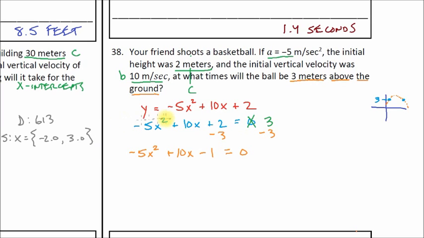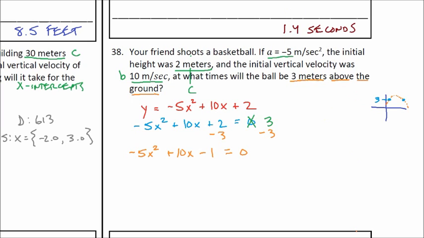What we technically did was we took the parabola and we shifted it down 3 units, so now these 2 points are actually on the x-axis, and now we can solve just like we would find x-intercepts, only we're going to find out when the ball reaches 3 meters above the ground.